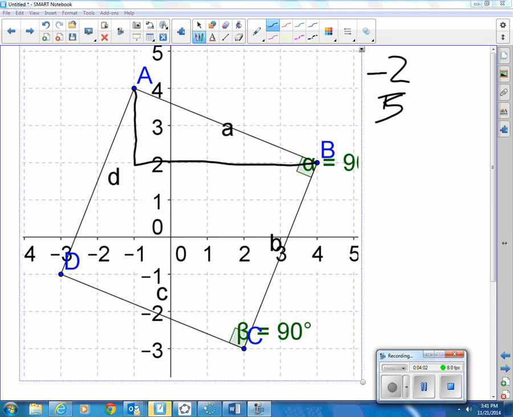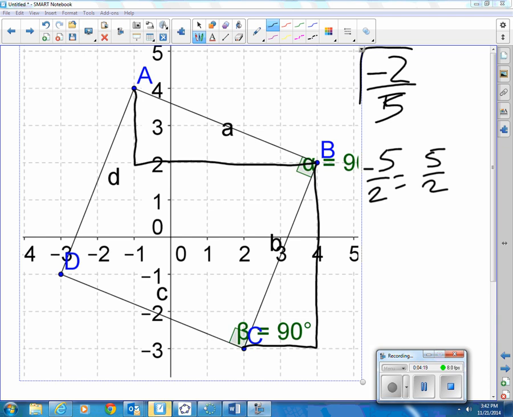Well, going from B to C, I would go down 5, back 2. Well, that could be a negative divided by a negative is positive. So when the slopes are negative reciprocals, meaning one is negative and one is positive, and one is flipped over from the other, then those two are perpendicular, and you know that they are at 90 degrees to each other.